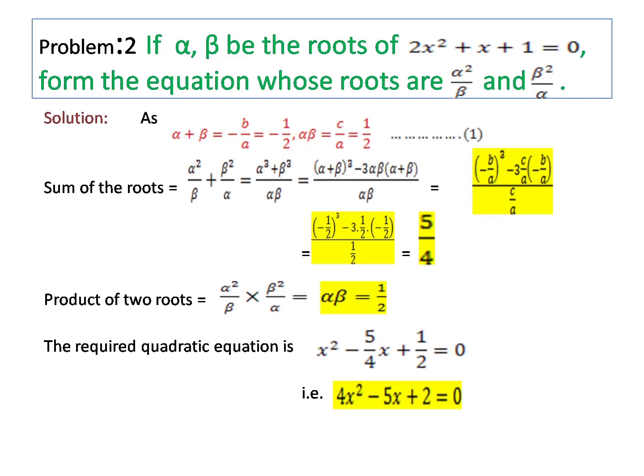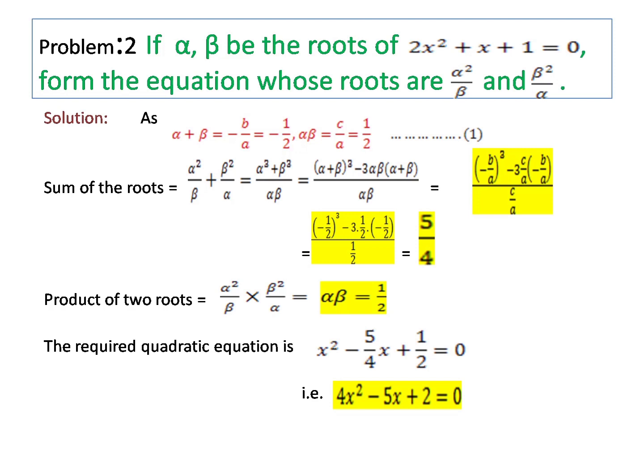Combining these two fractions, we have alpha cube plus beta cube divided by alpha beta, and alpha cube plus beta cube can be written as (alpha plus beta) whole cube minus 3 alpha beta into (alpha plus beta). It is divided by alpha beta, and putting the values from 1, it equals 5 by 4.